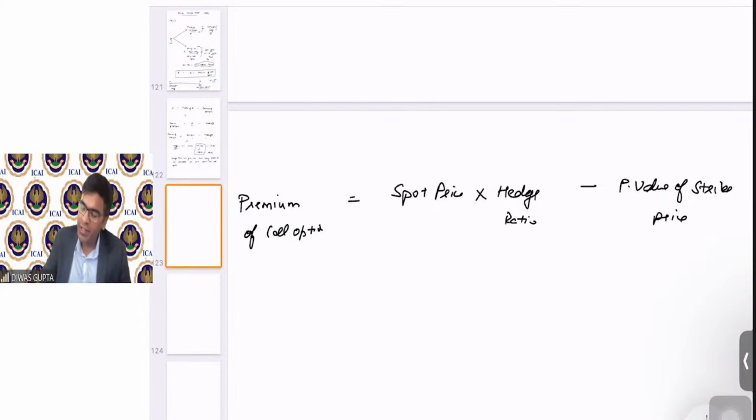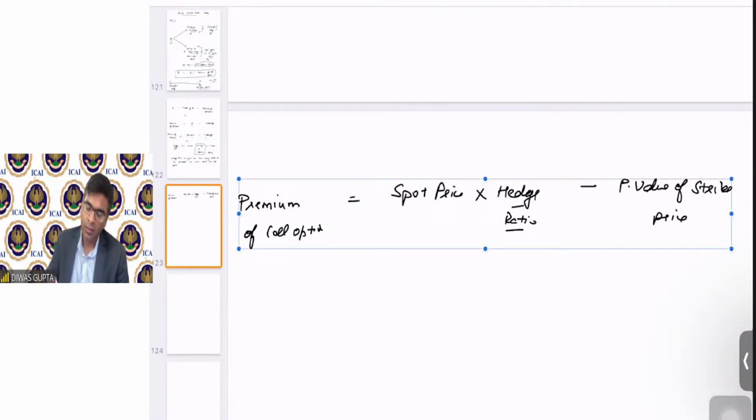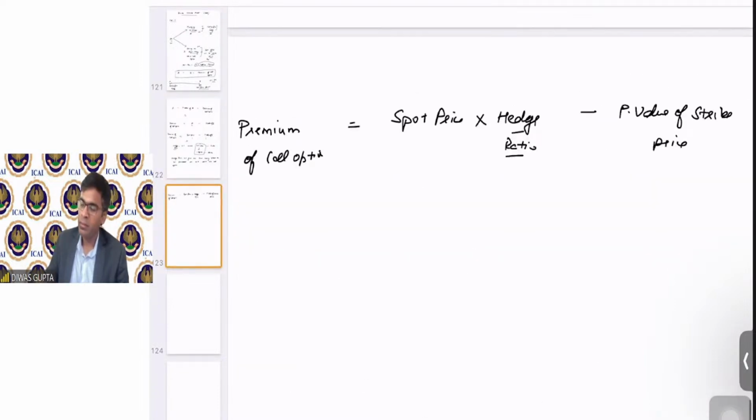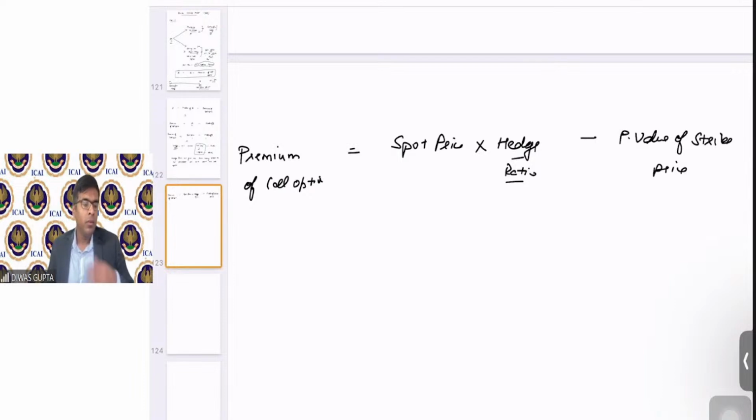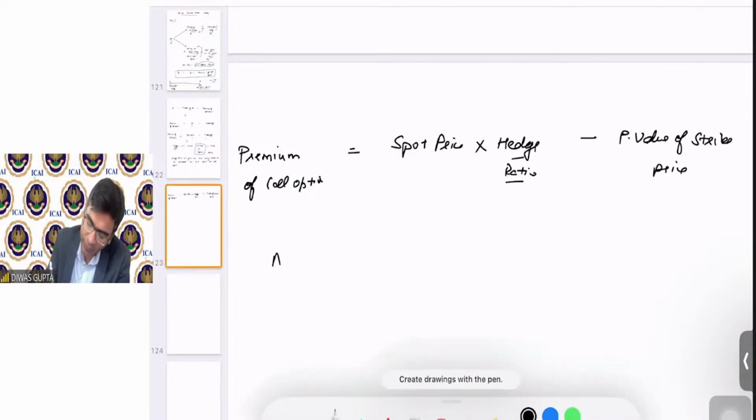Why am I introducing hedge ratio? Because it is not necessary that one share will be purchased for writing one call option. Okay, students? Now, all of you will be thinking that till here, we have made an assumption that the option will be exercised.